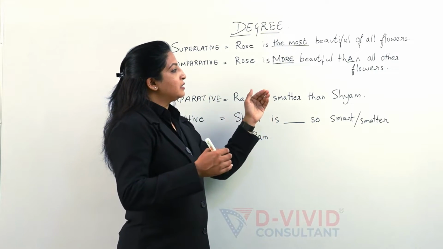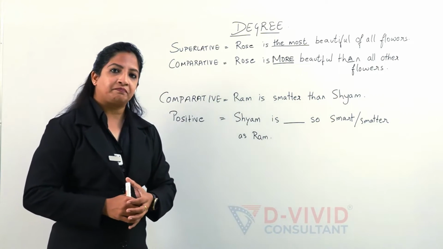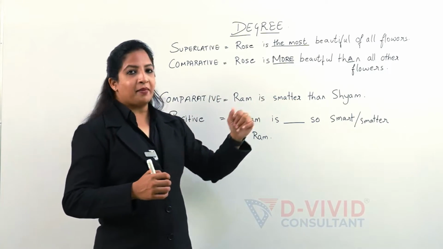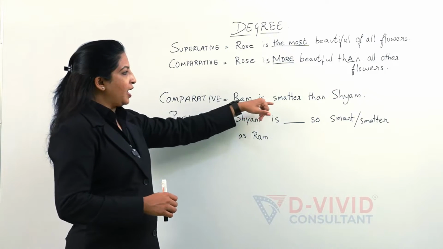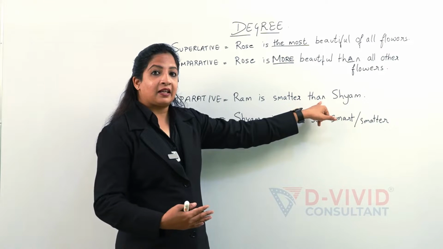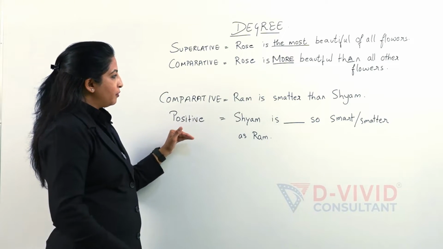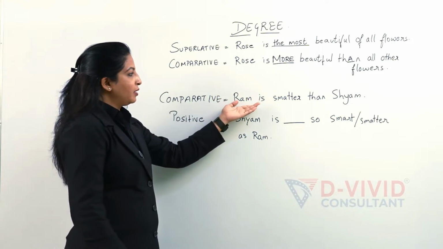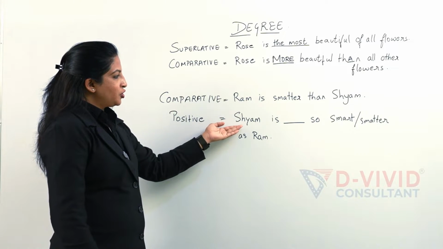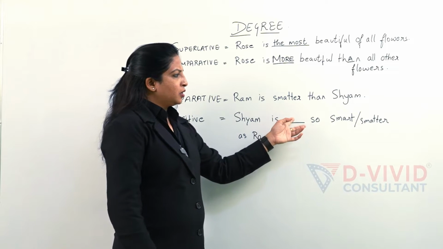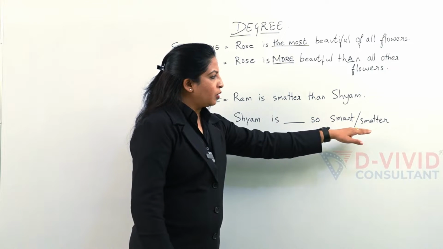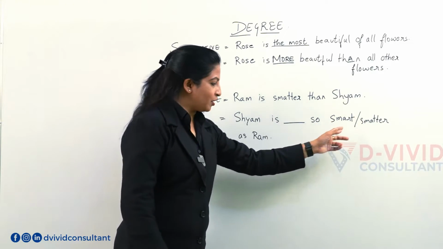Okay, let us see one more example where I have converted a comparative into positive. "Ram is smarter than Shyam." So I have developed a comparison between Ram and Shyam, wherein I have used the comparative degree with THAN. Now what will happen if I am converting this into a positive degree? "Shyam is," what shall I write here? So smart or smarter, what shall I pick here?